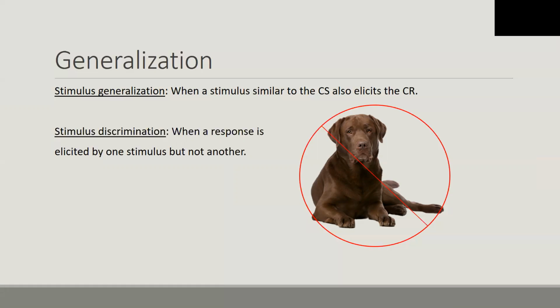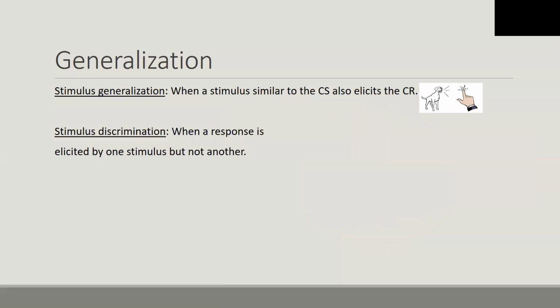So we can apply these two concepts to some of the examples that we covered last week as well. If you remember the dog and the doorbell example, the dog was conditioned to bark at the doorbell because he associated the doorbell with people entering and coming into the house. Well, true story, this dog that lives at my parents' house, who still have a landline and an old phone, generalizes the doorbell to the ringing of their old landline phone.